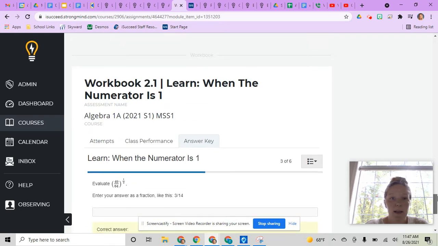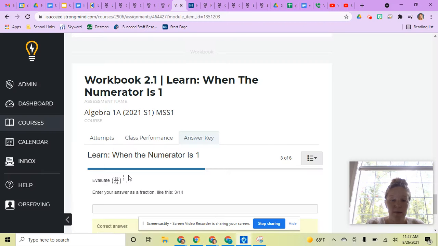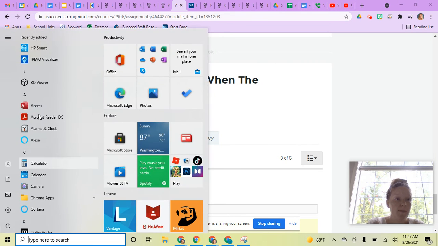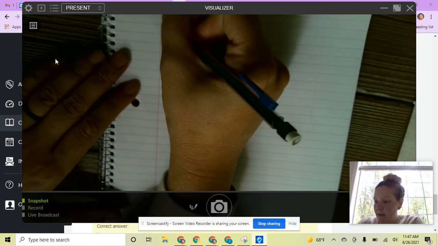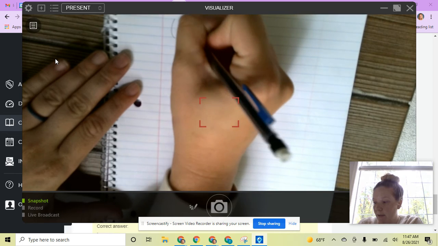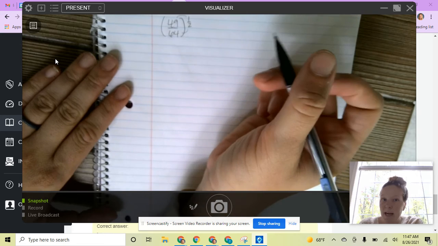Okay, this one: evaluate 49/64 to the 1/2 power. If you remember our rules about exponents, you can distribute that 1/2 power to both the 49 and the 64. So 49 over 64 to the 1/2 power: we can distribute that 1/2 power to the top and bottom of the fraction.